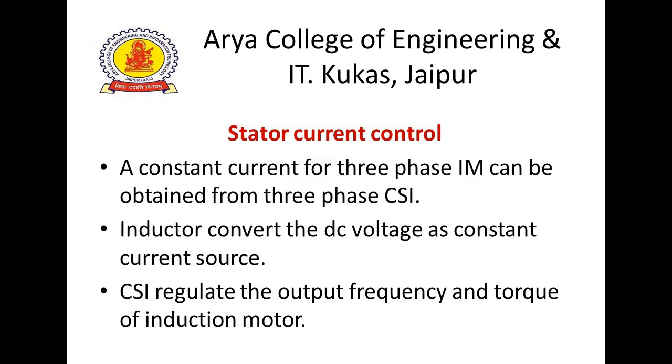In stator current control, a constant current for the three-phase induction motor can be obtained from a three-phase current source inverter. An inductor converts the DC voltage to a constant current source. The current source inverter regulates the output frequency and torque of the induction motor.